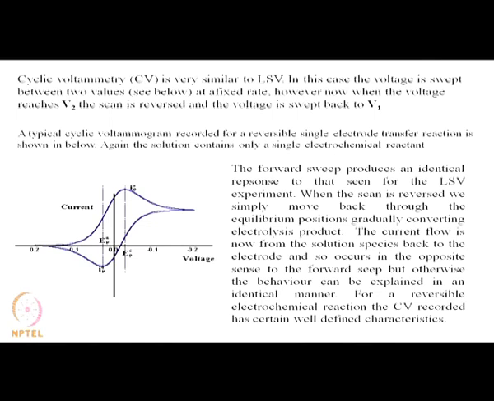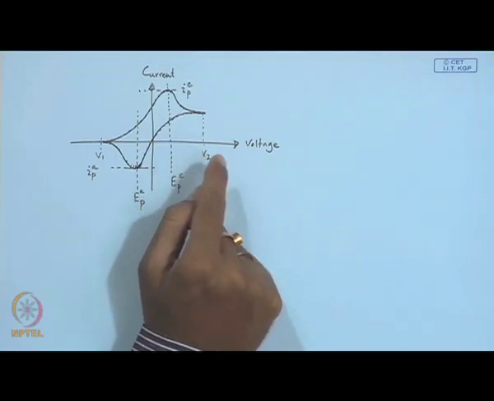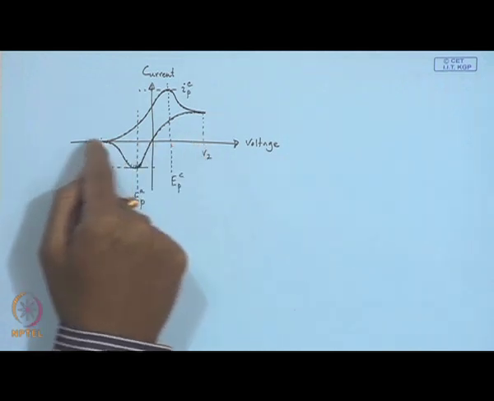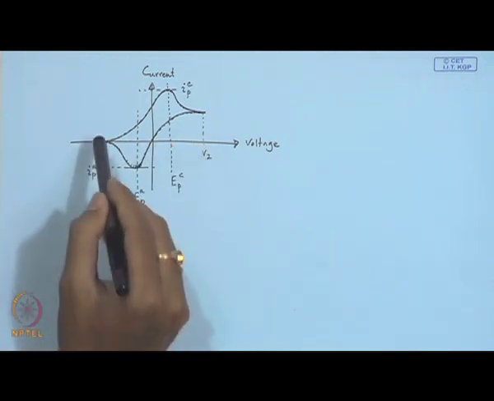Now, cyclic voltammetry is very similar to LSV, as I told you. In this case, voltage is swept between two values, from one value to another at a fixed rate. And now when voltage reaches V2, then the scan is reversed to V1 and the voltage is swept back to the V1 value.